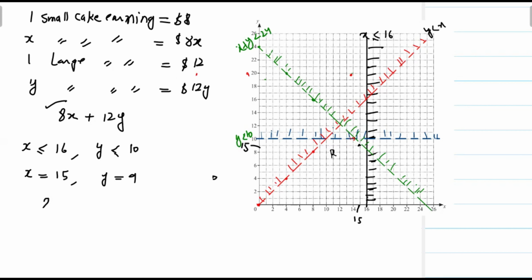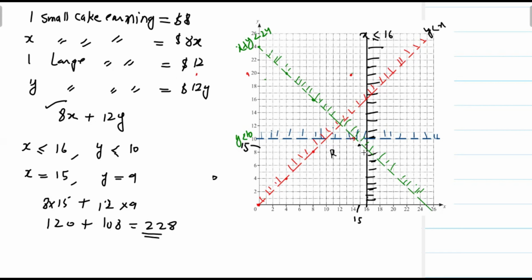What is the answer? 8 times, we will put the value of x here in this equation, 8 times 15 plus 12 into 9, and this will be equal to 120 plus 108, and this is $228, which is the answer.